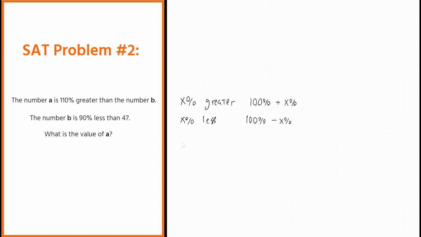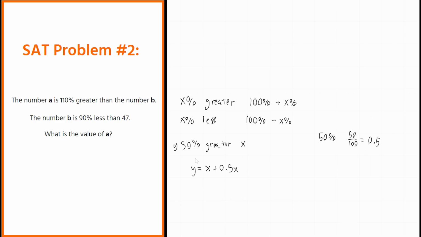So for example, let's say Y is 50% greater than X. That would mean that Y is equal to the full value of X plus another 50% of X. Just remember, when we say something is 50%, we mean it's just 50 parts out of 100, which is to say the same thing as 1/2 or 0.5.